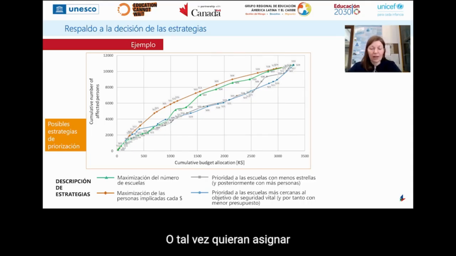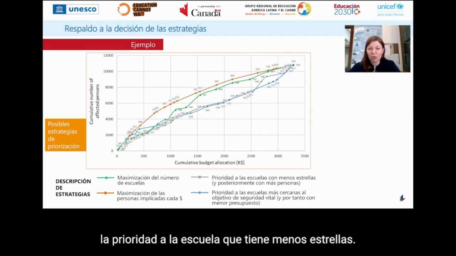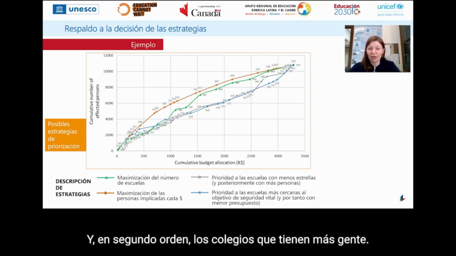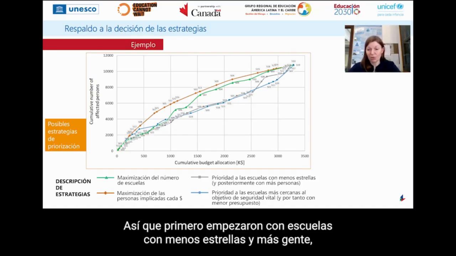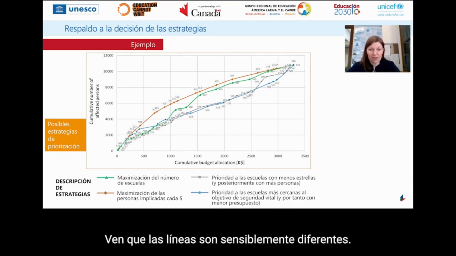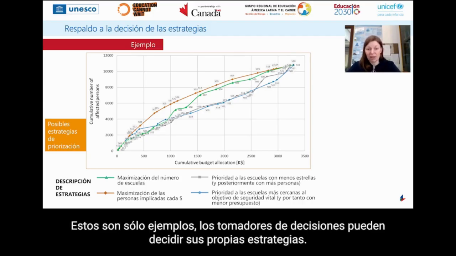Or they maybe want to assign the priority to the schools that have fewer stars, and in second order the schools that have more people. So first the schools with fewer stars and more people. And this is the gray line. You see that the lines are sensibly different. Or finally, another strategy, but these are really examples, and the decision makers can decide their own strategies.